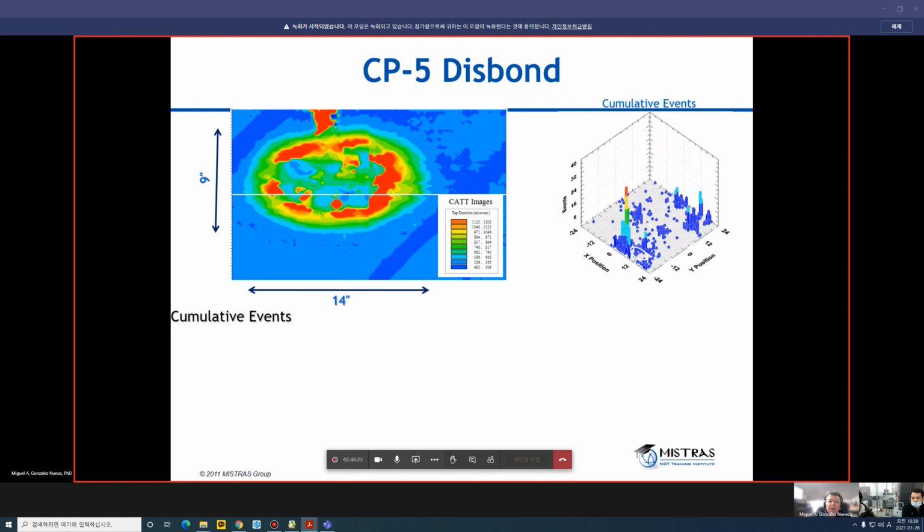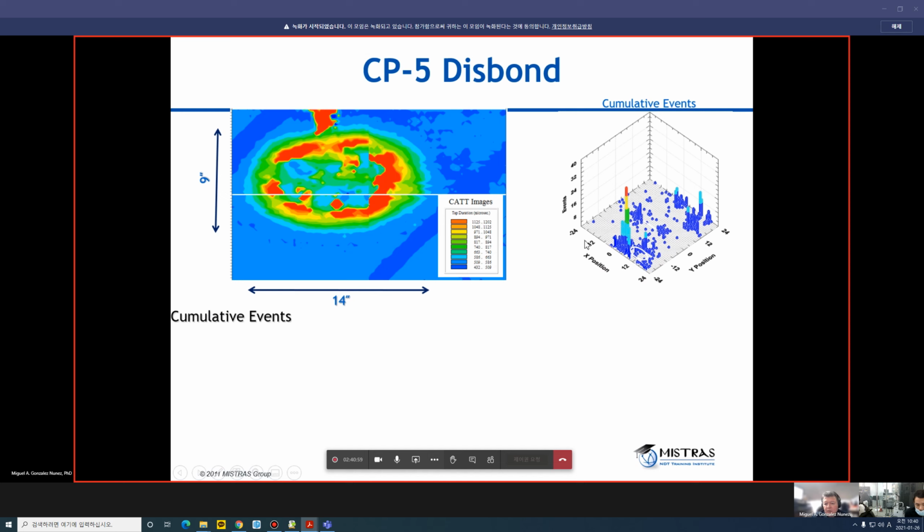This is the CAD image, which is representative of the damage detected around the notch. And this is the 3D representation. This is the notch. You see the cluster detected around the notch.